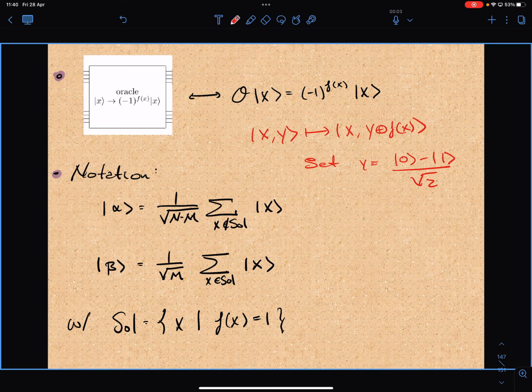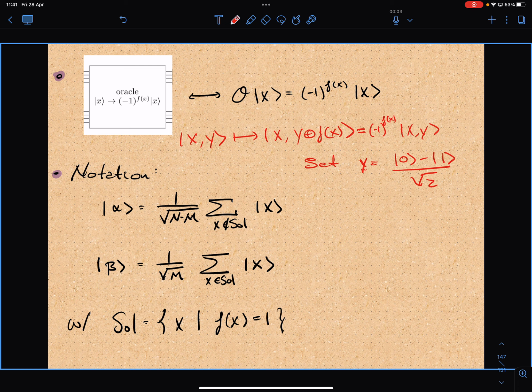Then the overall action, if you have y set to that, would be -1 to the f of x times x, y. So you can introduce an ancillary qubit to obtain this type of operation.